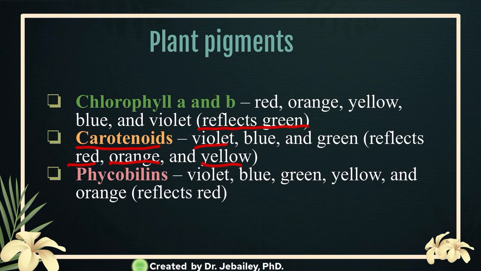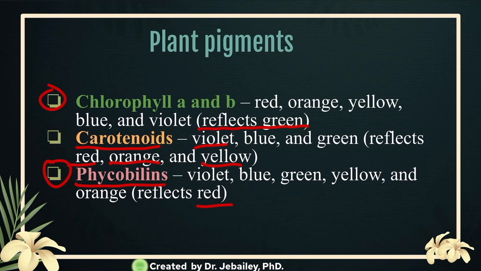And then you have the phycobilins, and these basically reflect red. So if your leaf has the pigment phycobilins, that means it absorbs violet, blue, green, yellow, all of these, but it comes out red. So that's why sometimes in certain seasons you'll see the color of the leaves changing in a plant. One season there might be a lot of chlorophyll, and then maybe around spring they become red, because now they produce more phycobilins.